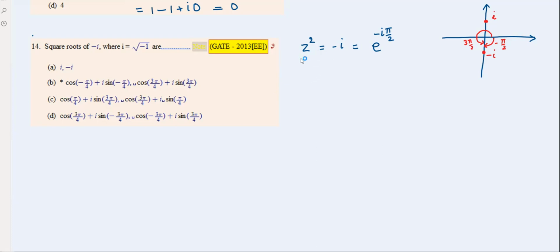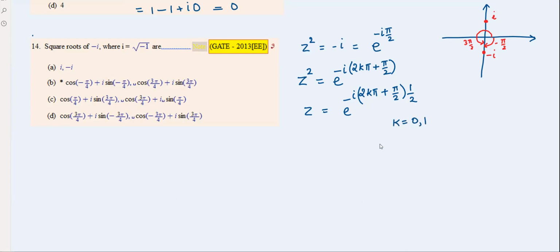Now z square, I will write this as 2k pi plus pi by 2. So z is e power minus I, 2k pi plus pi by 2, whole to the power 1 by 2. Now k can take values 0 and 1 because it is a square root.